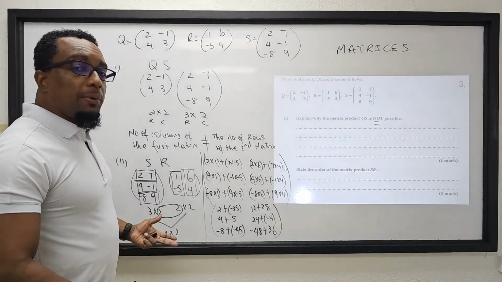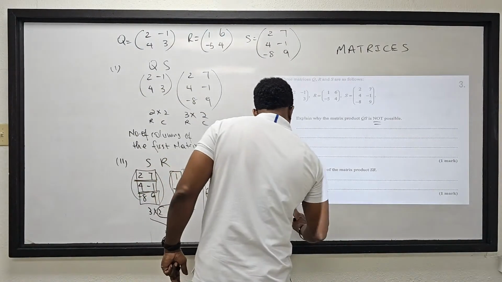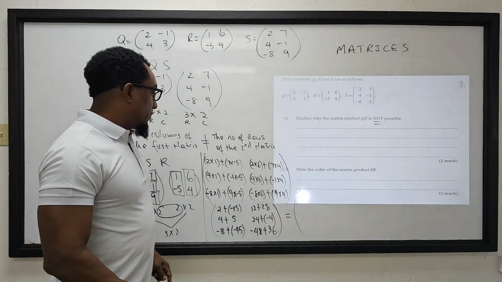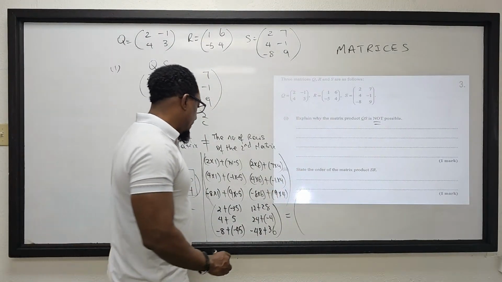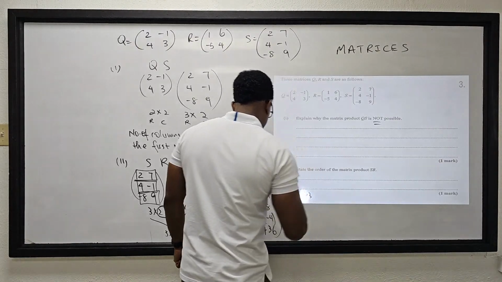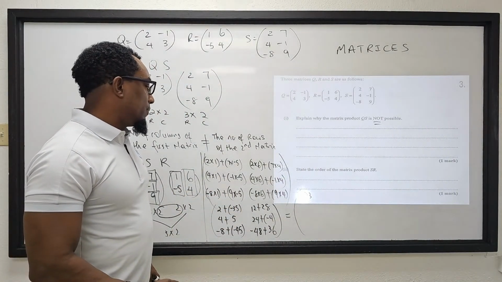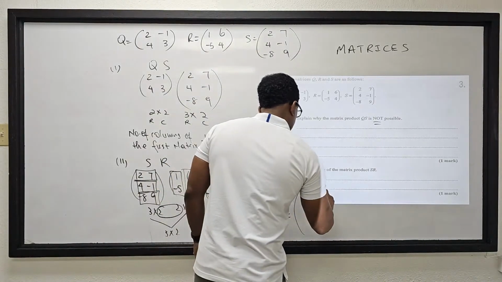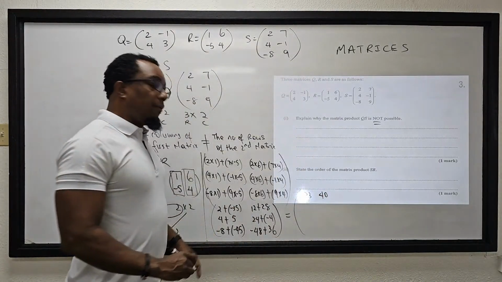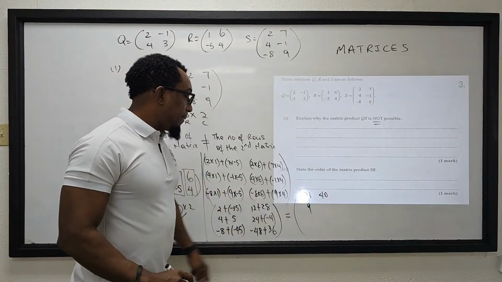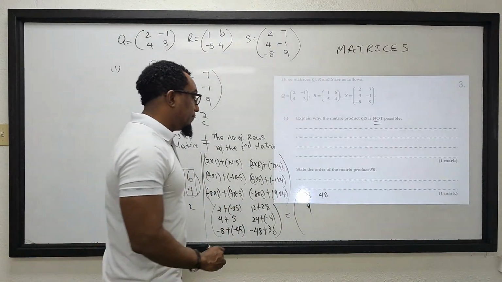So we simplify that. What are we going to get as the final answer? Plus by a minus is a minus. So 2 minus 35 is negative 33. 12 plus 28 will give us 40. 4 plus 5 is 9. Plus by a minus is a minus. 24 subtract 4 is 20.